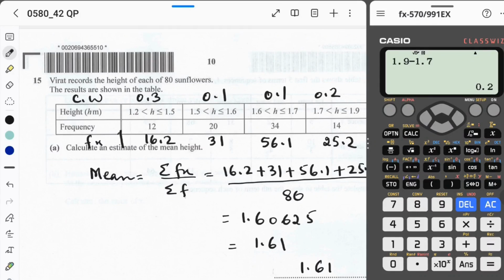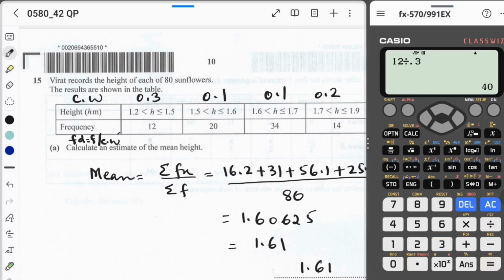So here we are finding the frequency density, and the frequency density is frequency over class width. We have all the frequencies there. 12 over 0.3, and then you get 40.